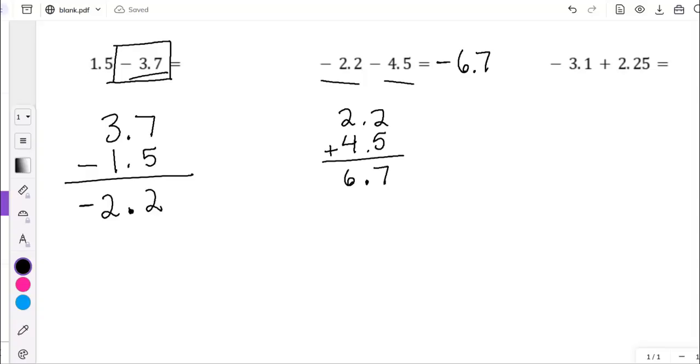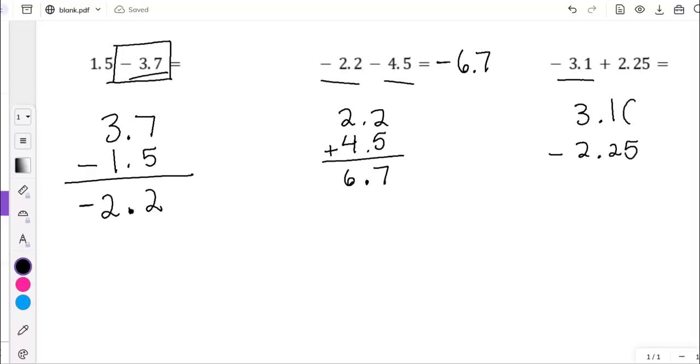All right, this one, I have negative 3.1 and 2.25. So I have opposite signs, so I need to figure out which one's the bigger one. This one's the bigger one. So I am going to subtract. So if you have opposite signs, you're subtracting. Same sign, you're adding. So I'm going to take 3.1 minus 2.25.